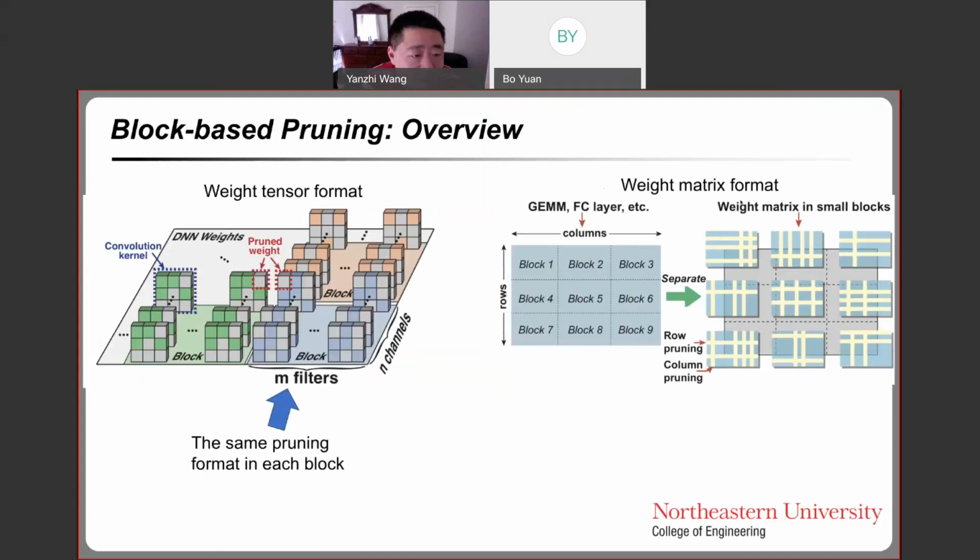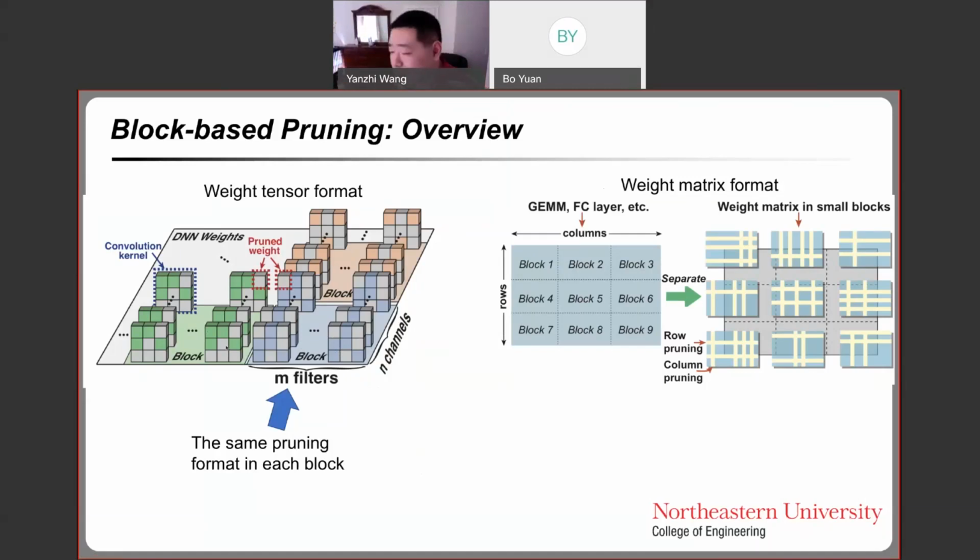For the weight tensor format, we group the nearby kernels into blocks, and we can perform pruning, which is these gray entries. But the remaining patterns in each kernel within this block should be the same. We can see that the shape of the blue patterns is the same, whereas the green patterns are the same, and so on and so forth. As long as we can enforce this rule, it can be accelerated using the compiler.